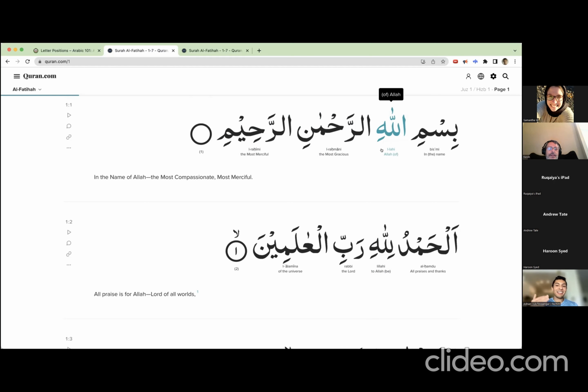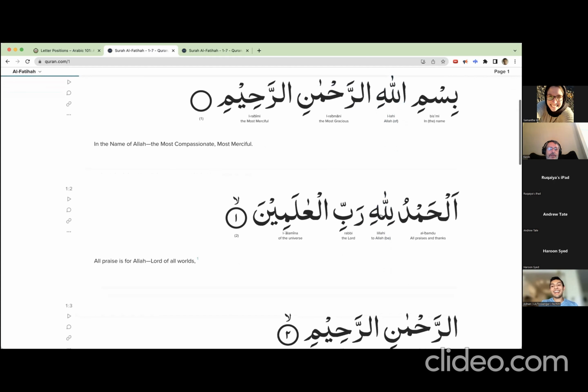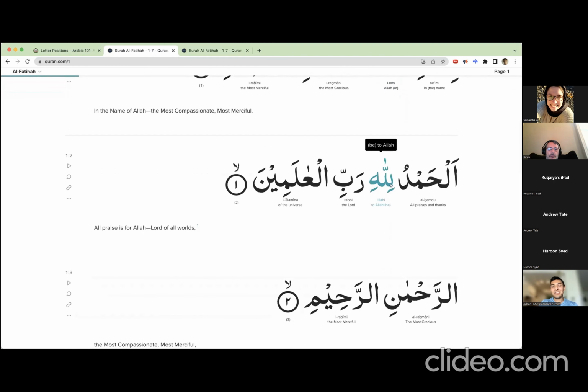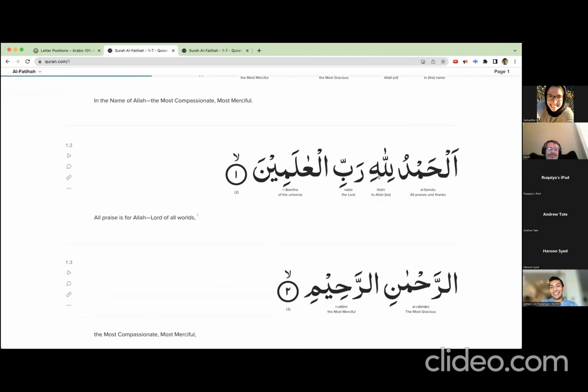But that's a little redundant. So the normal script is to write it with just two lams, because one of the lams is ignored anyway.